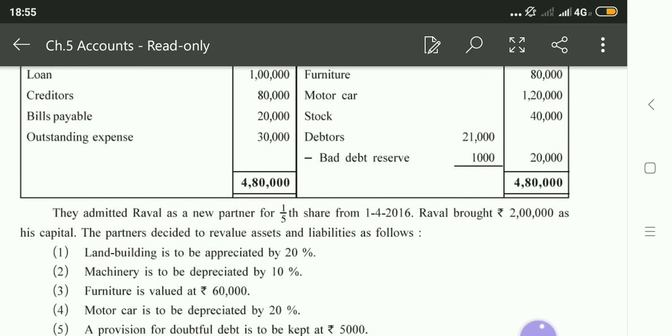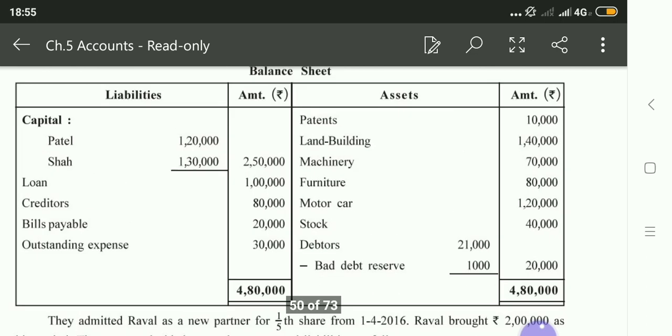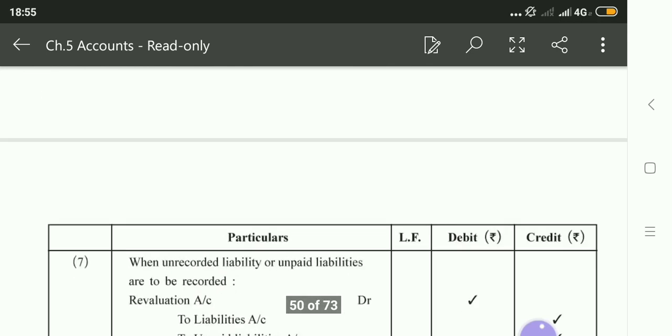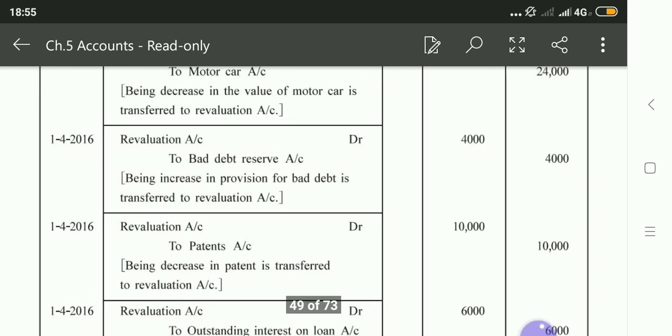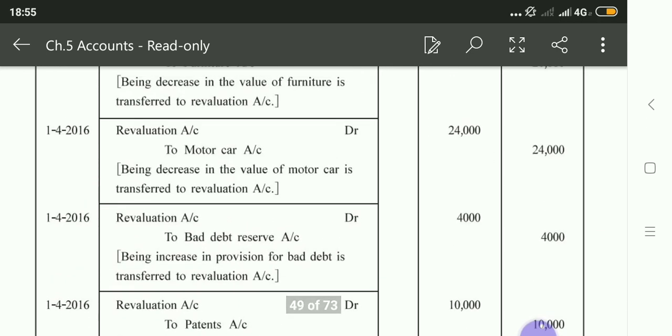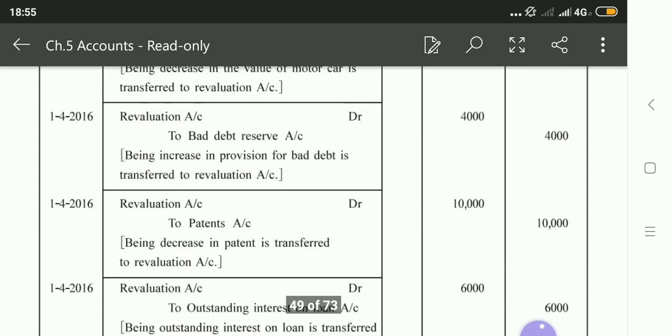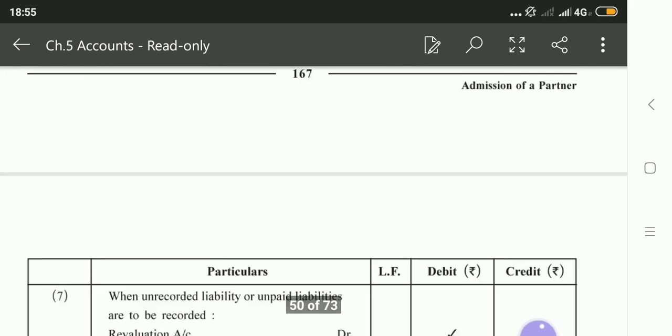The old value of motor car is 1,20,000, 20% of which is 24,000. Let us quickly check the journal entry. Yes, revaluation account debit to motor car account, 24,000. Moving towards the next adjustment.